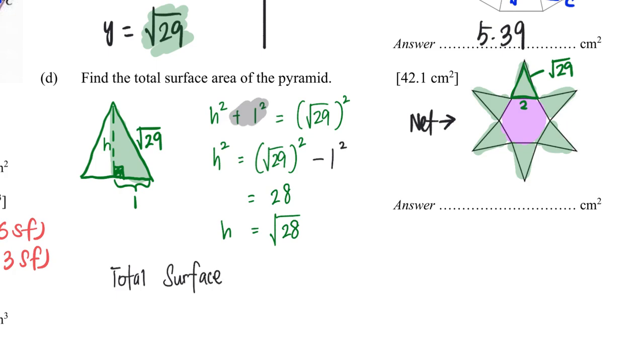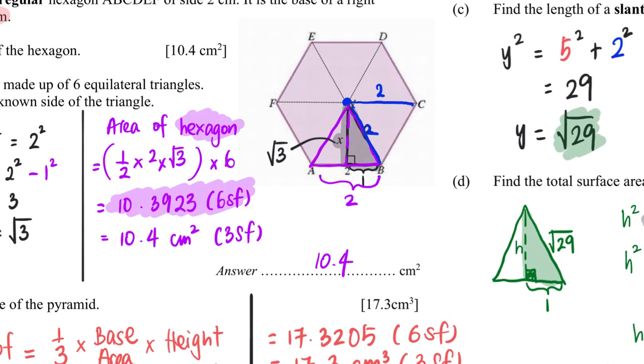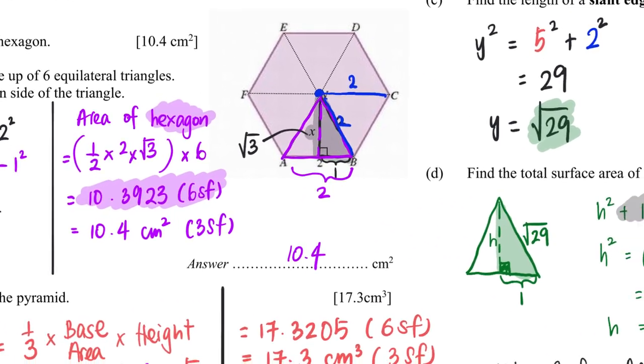The total surface area will be equal to half times base times height, which we just found to be square root 28. This is one triangle. How many are there? 6. Plus the answer from part A, which I'm going to remind everyone again, 10.3923.